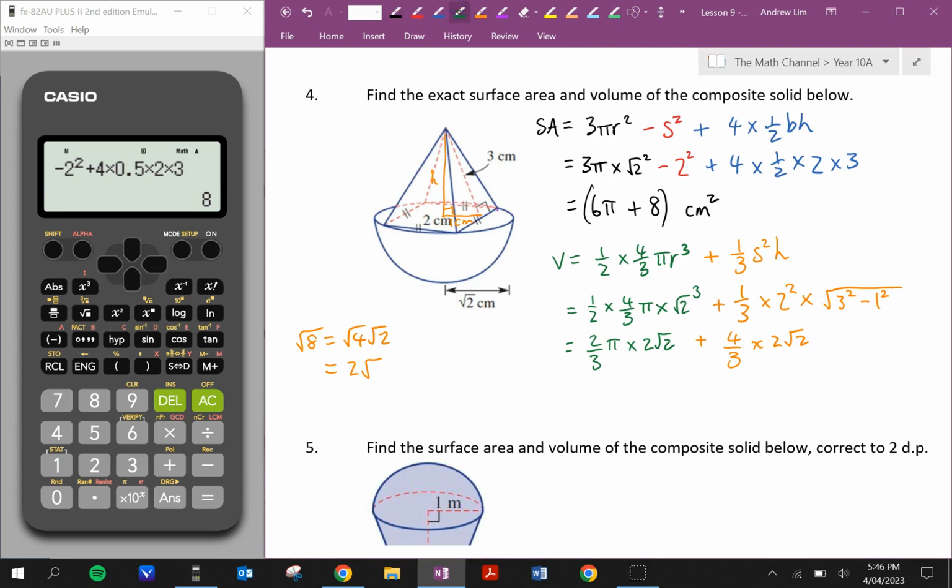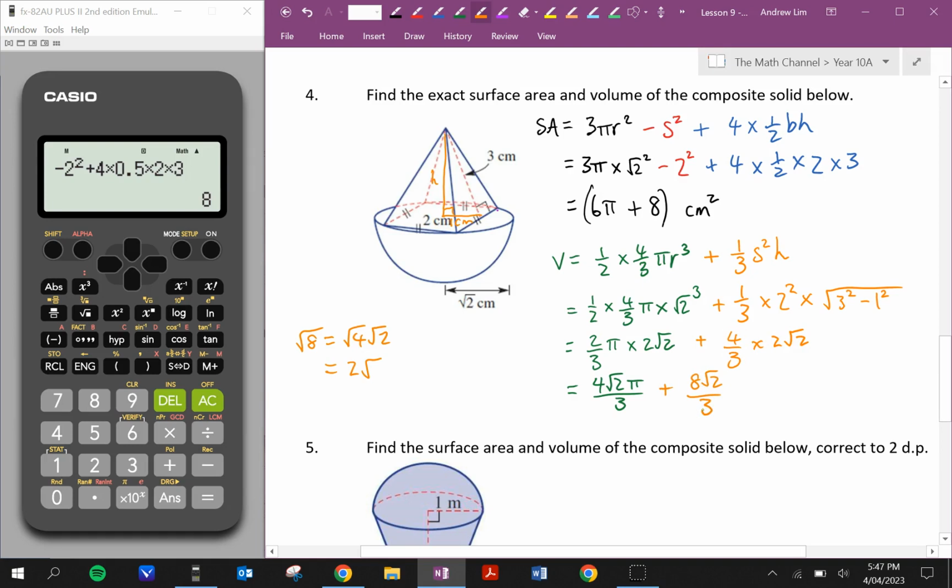Alright, so let's see if we can tidy this up a bit. We've got 4 root 2 pi on 3. Plus 8 root 2 on 3.